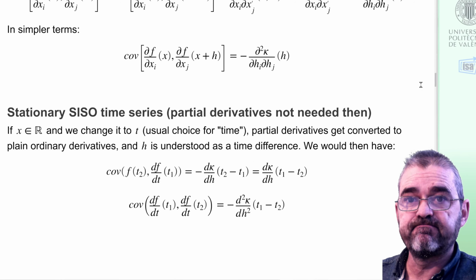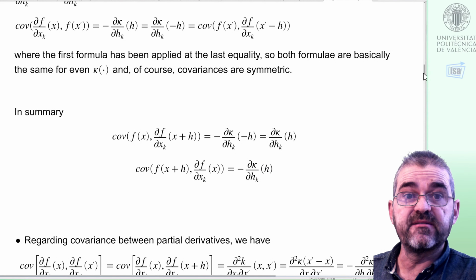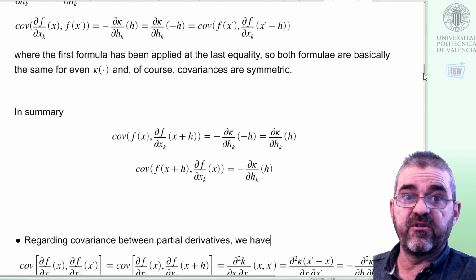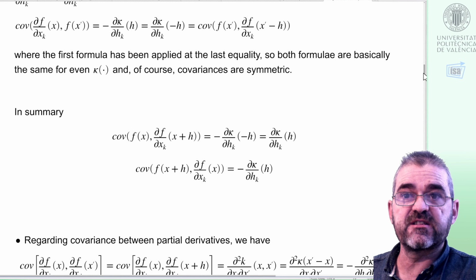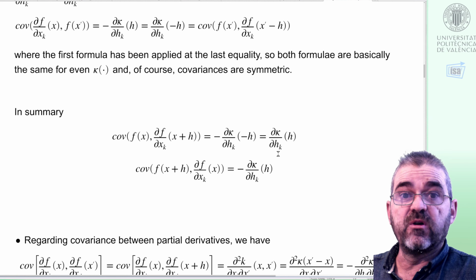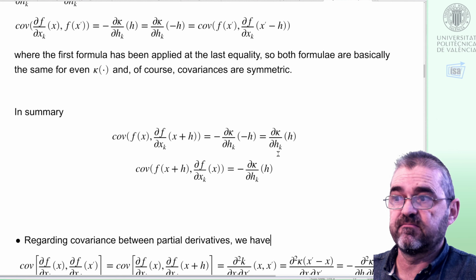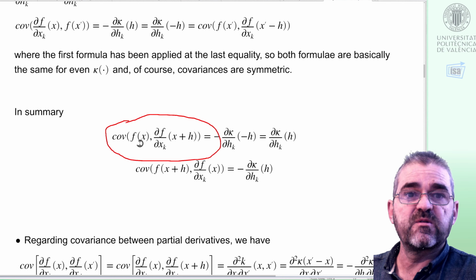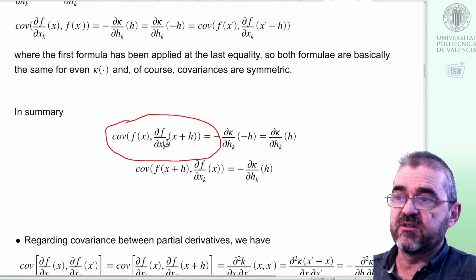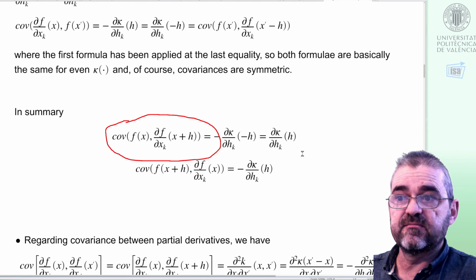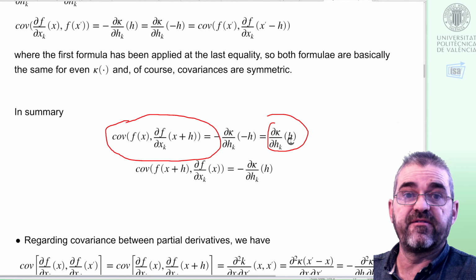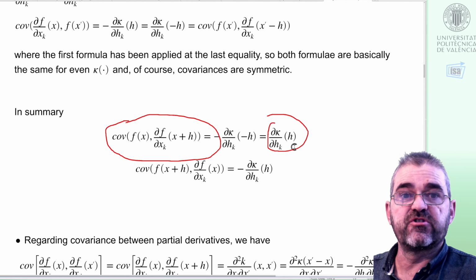Let's summarize. In this video, we applied the generic theory over the partial derivatives of a stochastic process to the stationary case. So we get functions depending only on the difference between the points we were trying to evaluate. The covariance between a process and a partial derivative of it is the partial derivative of the kappa function.